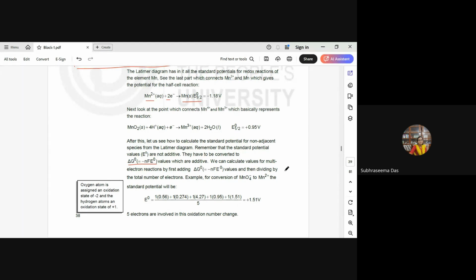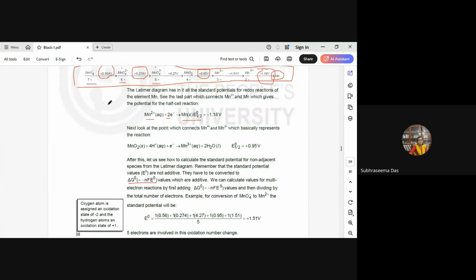For example, MnO4 minus to Mn2 plus. Here in MnO4 minus the oxidation state of manganese is 7 plus, and for Mn2 plus the oxidation state is plus 2. To calculate the standard electrode potential, we add up the number of electrons and the electrode potentials.